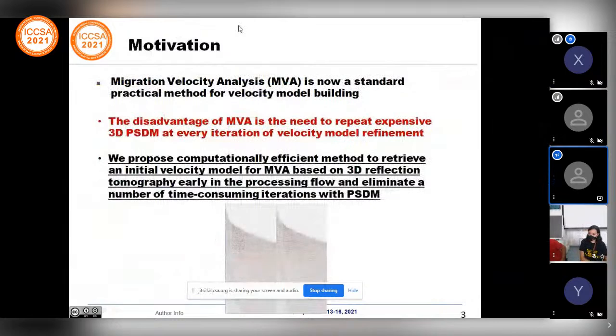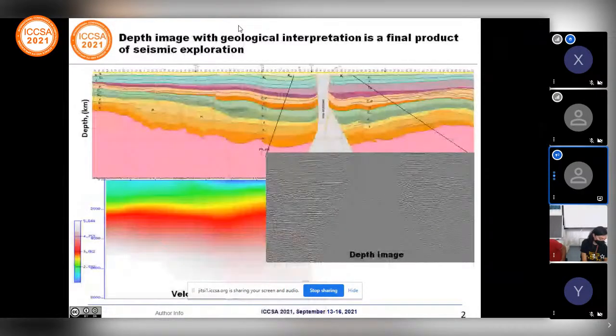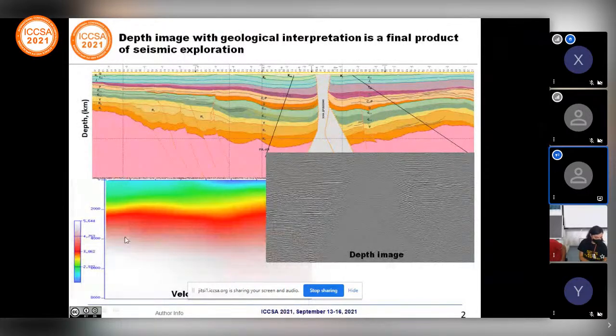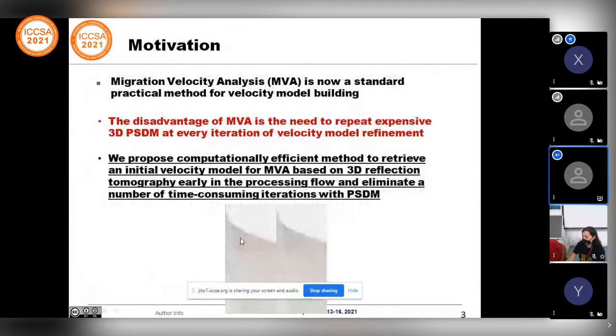By velocity model, I mean this smooth distribution of seismic velocity properties. Standard practical methods are very time-consuming, so we propose a computationally efficient method to retrieve the initial velocity model based on 3D reflection tomography.